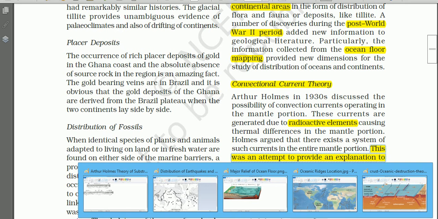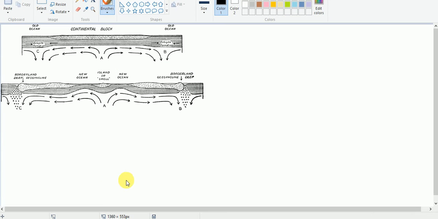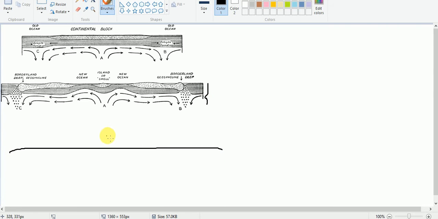Okay, what is convection current theory? See here, let us say this is the crustal portion, and here this is the mantle portion. In the upper mantle portion, let us suppose some radioactive elements are found here, minerals like uranium and thorium.